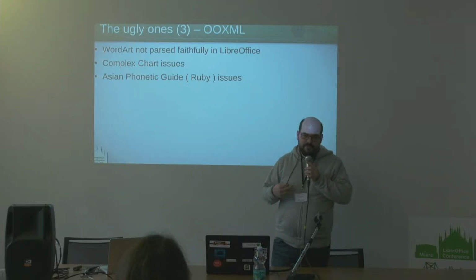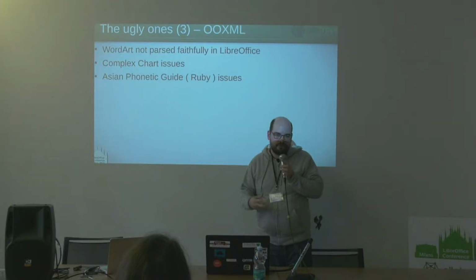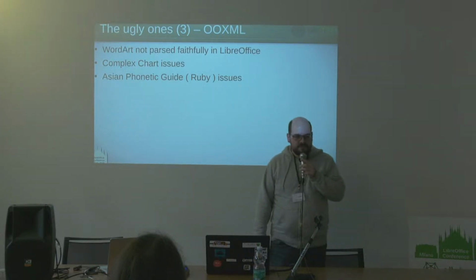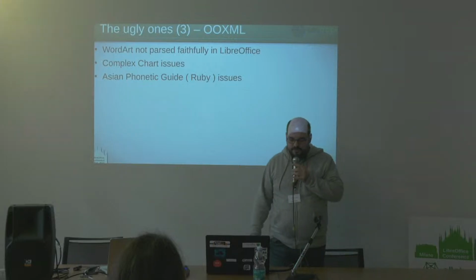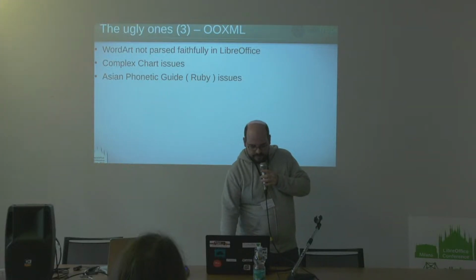So chart component supports column and line combination, but Microsoft Office supports a lot more combinations for the data visualization, and in some use cases those are as well used. And of course there is Asian phonetic guide. I have no idea what that is, but it looks very bad in terms of open box.